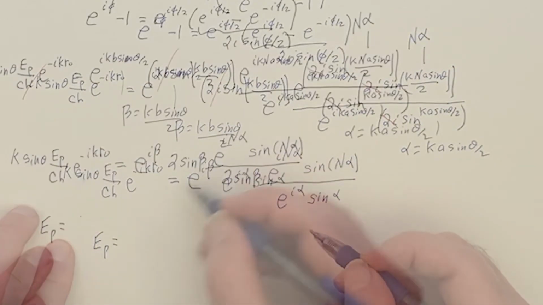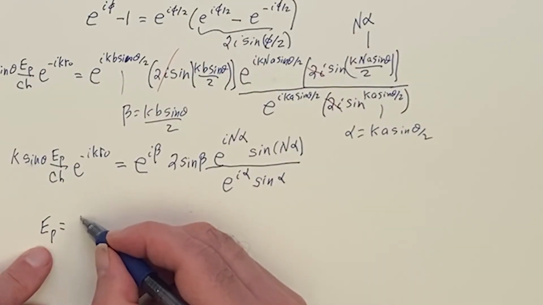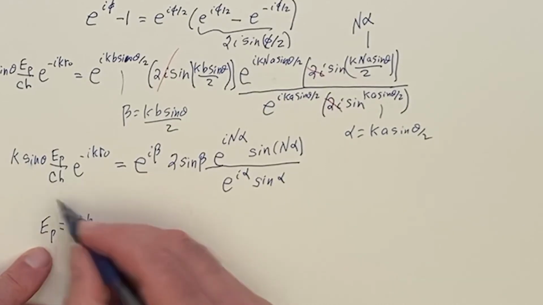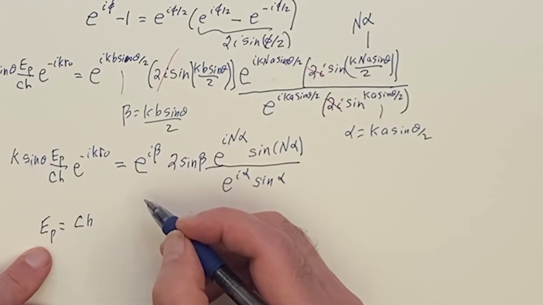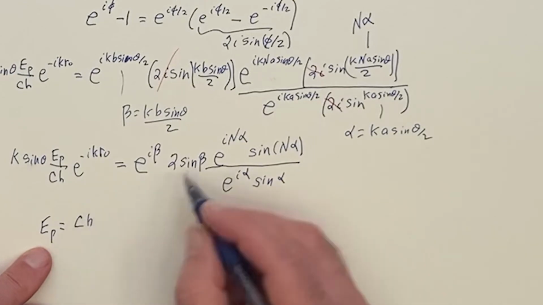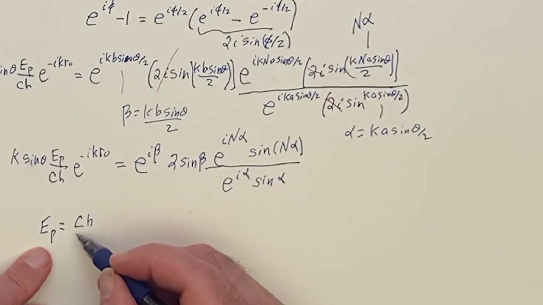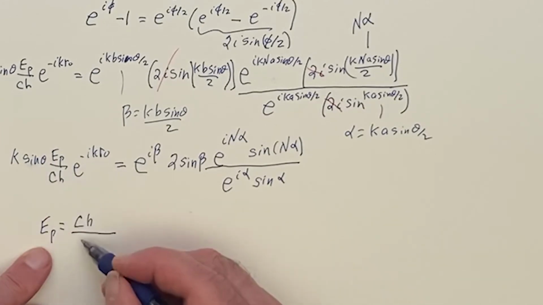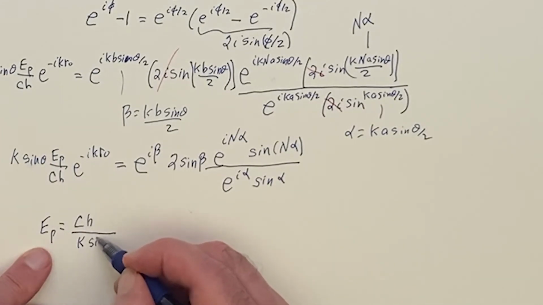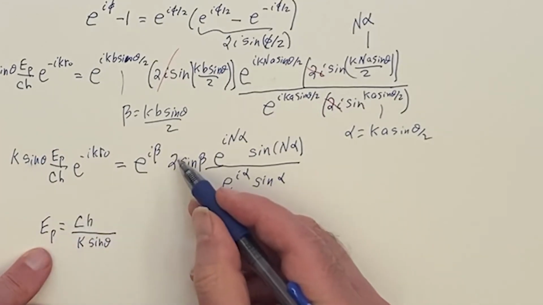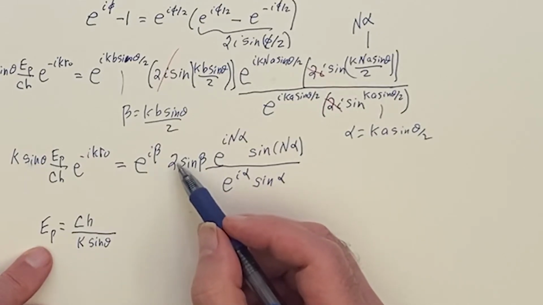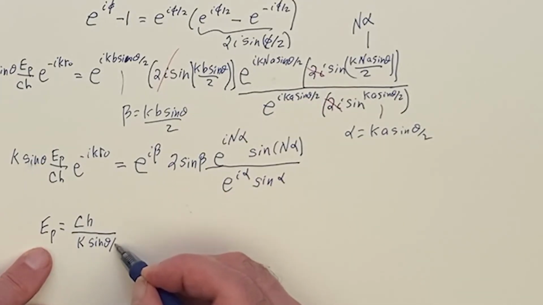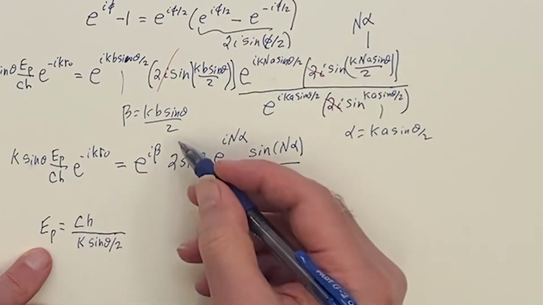EP is equal to CH, bring that on the other side of the equation. And we're going to have a 2 floating around. So before I mess with that 2, let me do this. I'm going to divide by k sine of theta. And here, this 2, if I divide by 2 here, when that flips, I'll have the 2 upstairs.